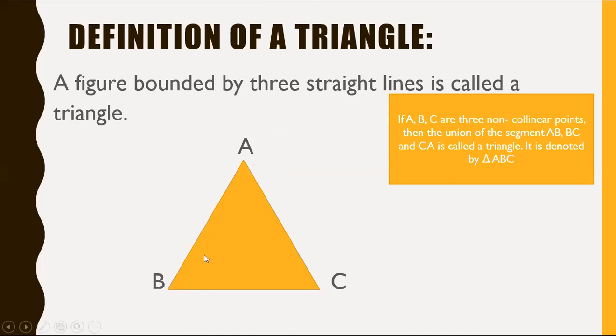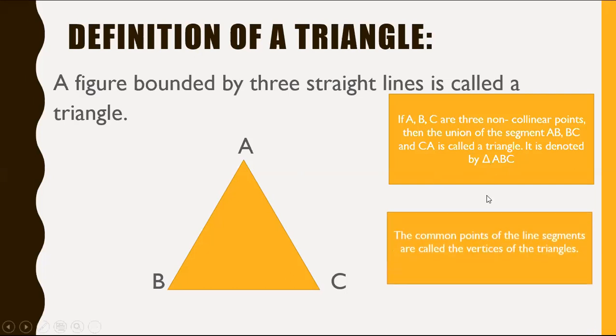If I join these 3 points, I find segments. I found the segments AB, BC and CA. The union of these 3 segments is called a triangle. Now this triangle is denoted by triangle ABC.